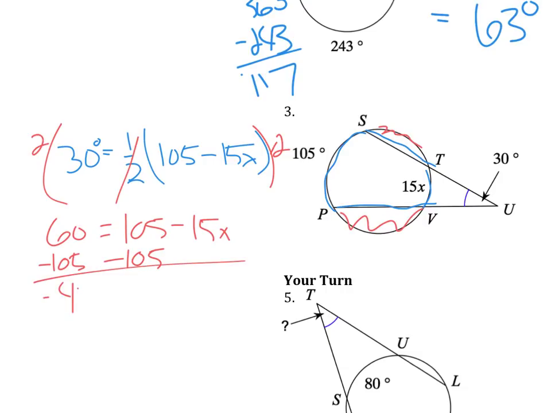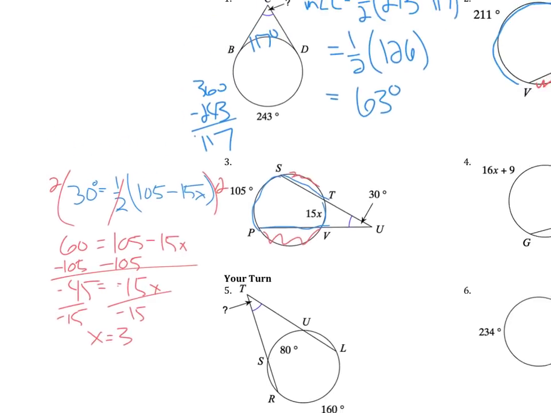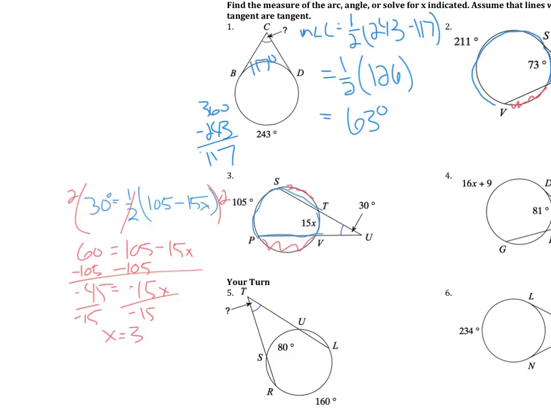And we get negative 45 equals negative 15x. Divide by negative 15, and x equals 3. And so substituting that in, if it was asked, it doesn't specifically say, that would then give us a 45 there.